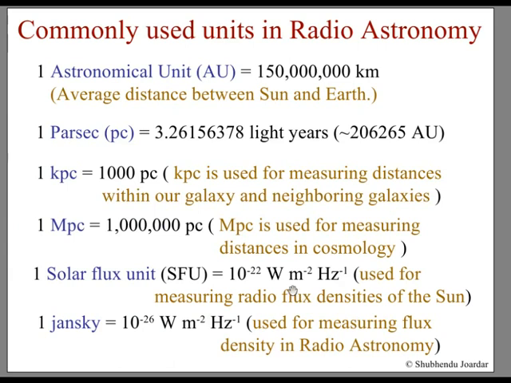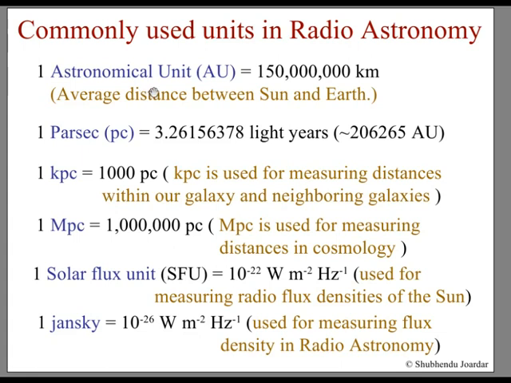Now there are some astronomical units which we have borrowed from general astronomy, and some of the units we have borrowed from communications engineering and all. Both of these are used in astronomy, radio astronomy. So these units you can find out from the internet also.